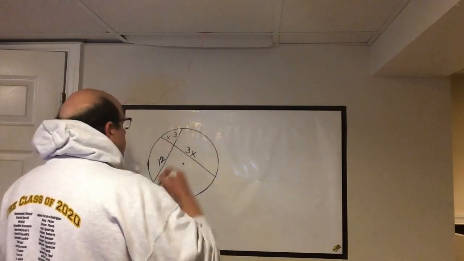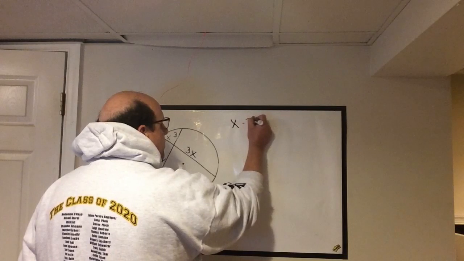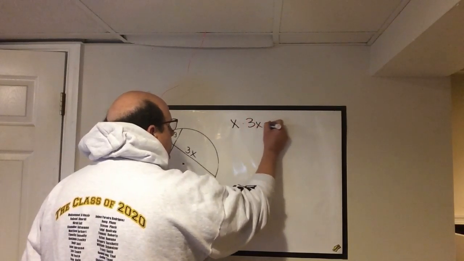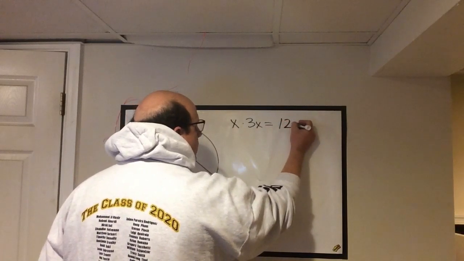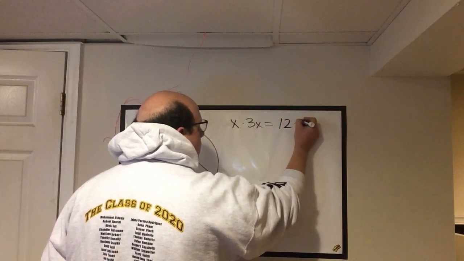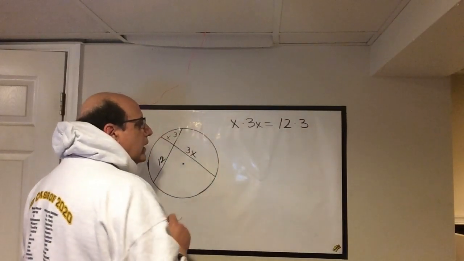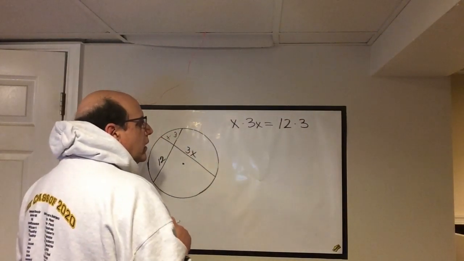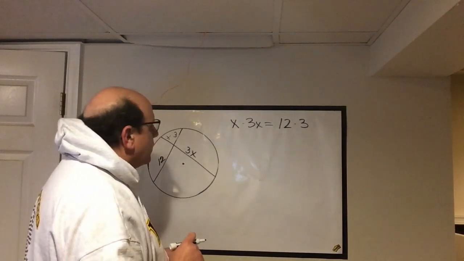So I'm going to set it up the way we usually do. I'm going to say x times 3x equals 12 times 3. All right, and I made a mistake, but we'll fix it momentarily.